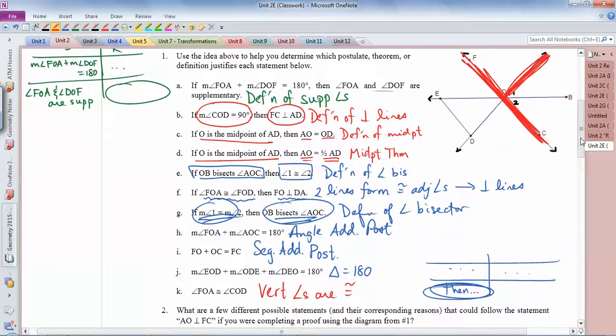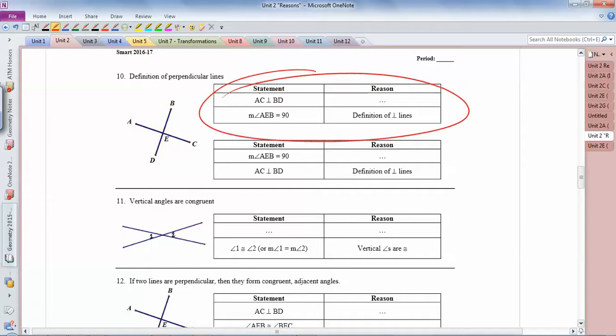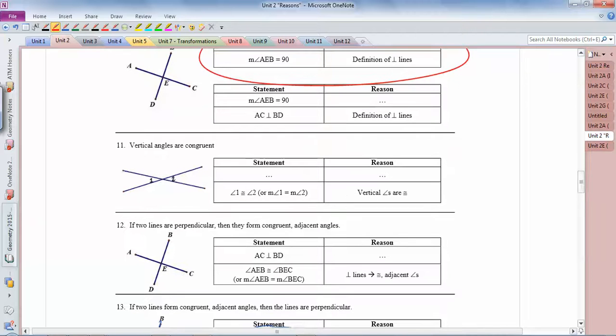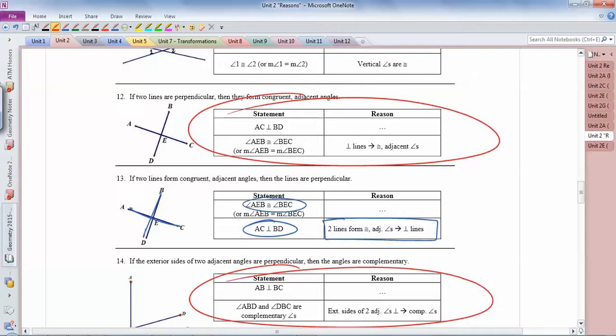So let's find some steps up here that start with perpendicular, right? So the ones that start with perpendicular are this one, and let's see, what else starts with perpendicular? And this one. So those are our 3 possibilities to work with.